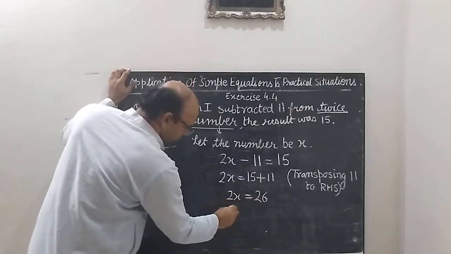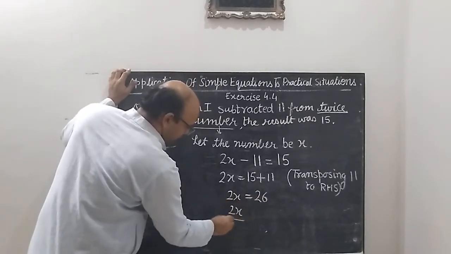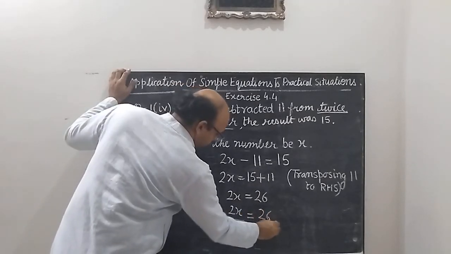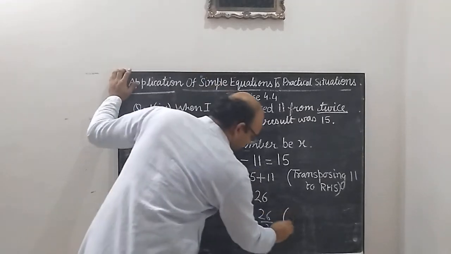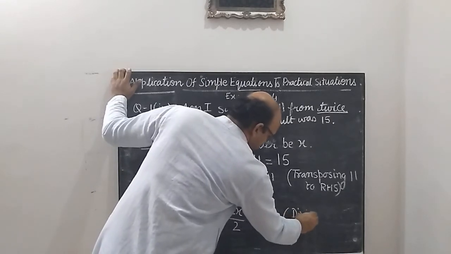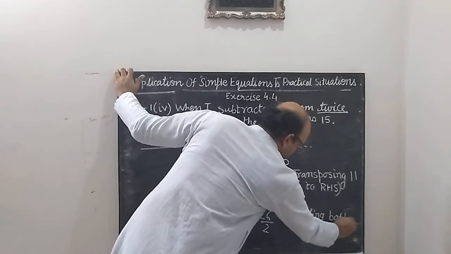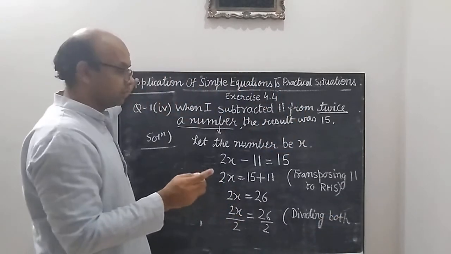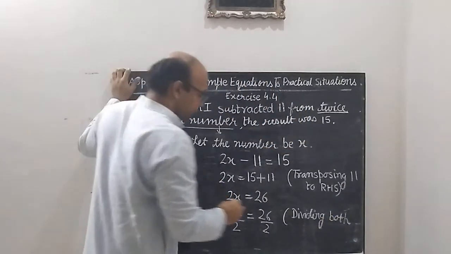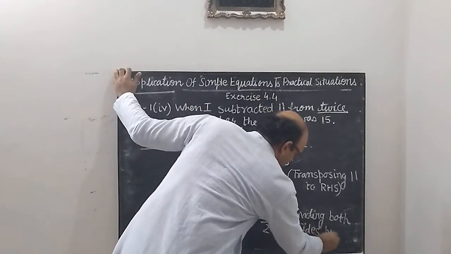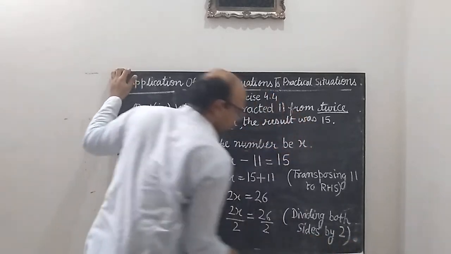Now we have to remove this 2. It is multiplied with x. So we divide both sides by 2. And we write, dividing both sides by 2.